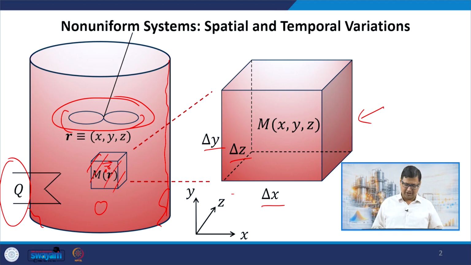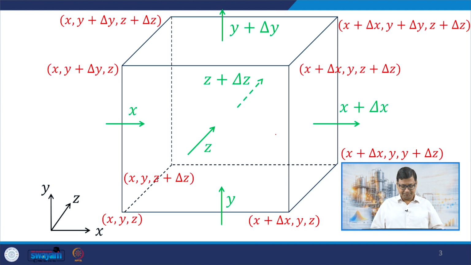So, I have defined a coordinate system x, y, z as I have shown here, and I can say that there is a point that is surrounded by this control volume, and that point or this control volume corresponds to some spatial coordinates x, y, z.